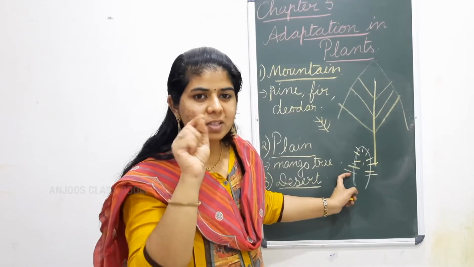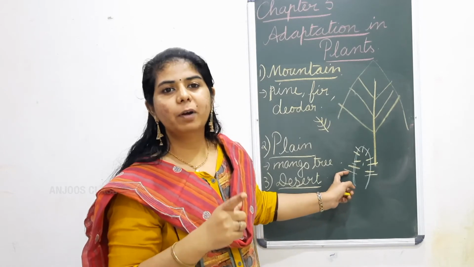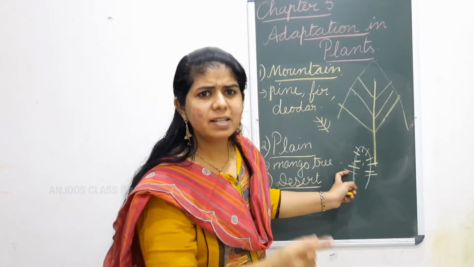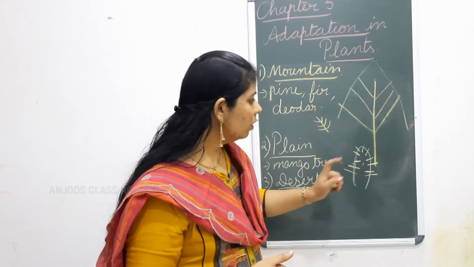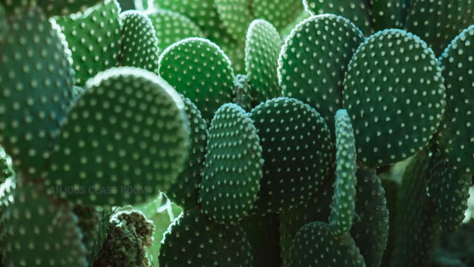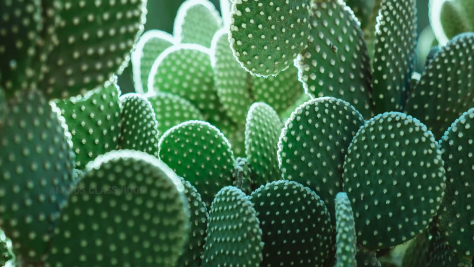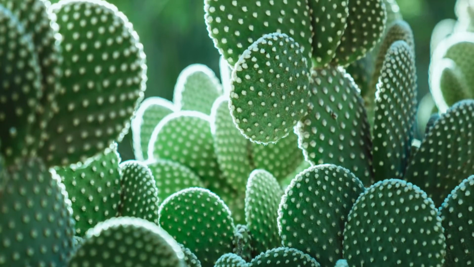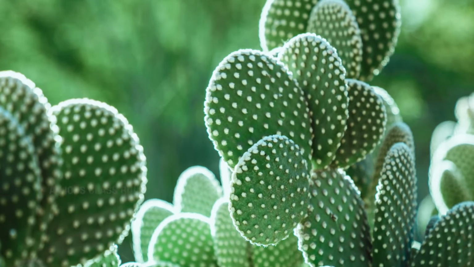These leaves which are changed, which are reduced into this thorn shape. It will protect from the animal coming and biting on it. So this is what is helping them, which will not reduce the water from this thing. And there is also a waxy coating on that stem. So these are the features of the cactus.